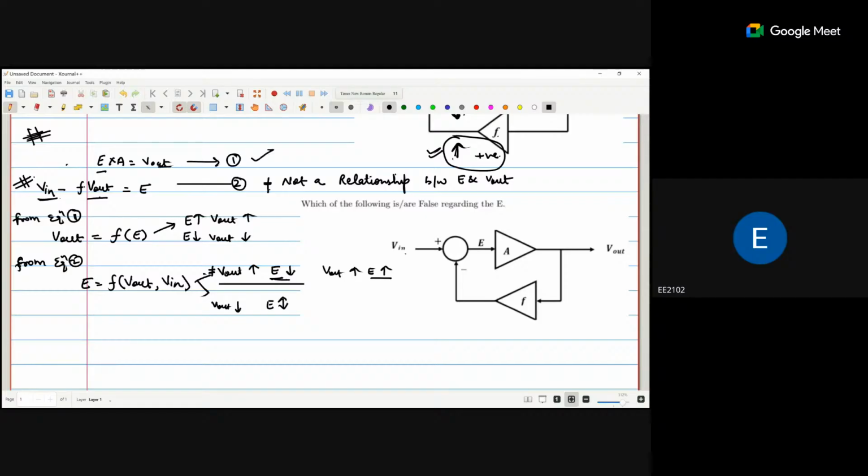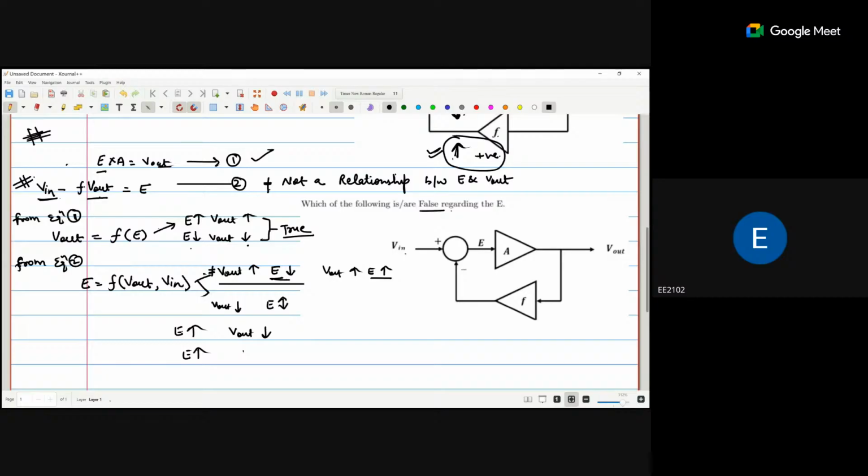And according to equation 1, if E increases, V out increases. If E decreases, V out decreases. These are the two relations. And in the question, they are asking for the false relation. So that means if E increases, V out decreases.